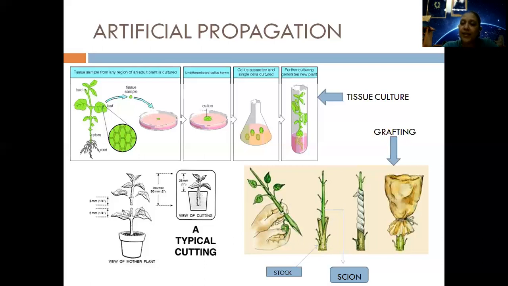Now what is the basic use of this grafting? There are multiple uses. There are different kinds of grafting, different methods of grafting, depending on the kind of plant that we want. Now you might have seen a flower, say a rose.